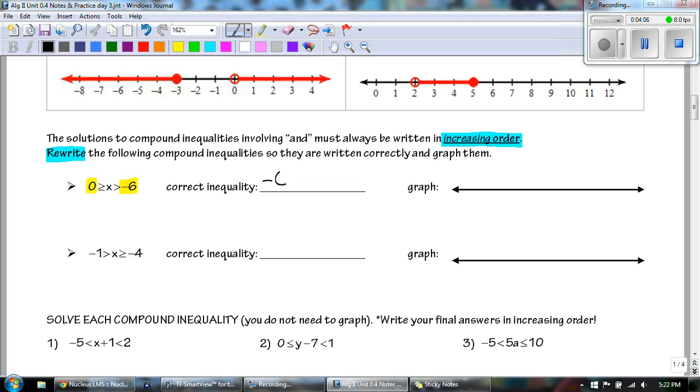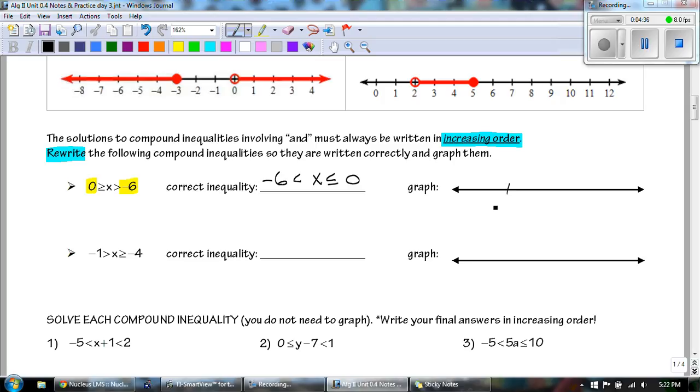It should be -6, x, and then 0. Between the x and the 6, it's open and pointing at the 6. And then between the 0 and the x, it is closed and pointing at the x. Does that make sense? All I'm really doing is flipping everything so it's in order from least to greatest.